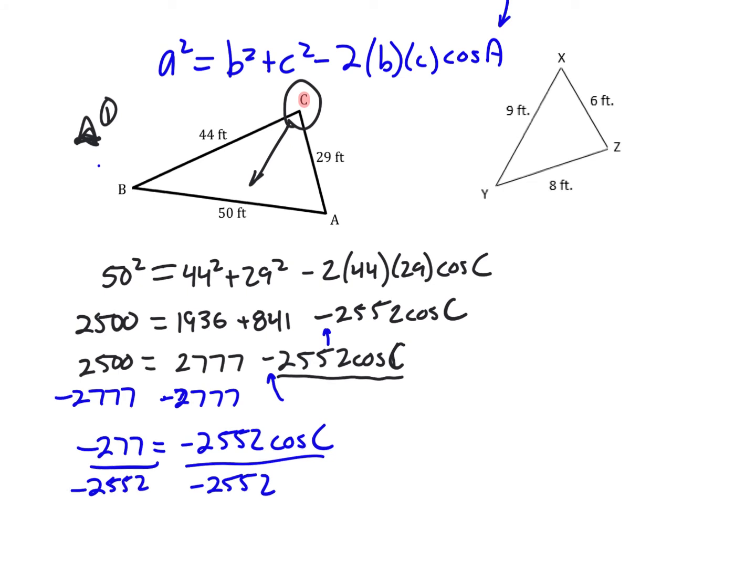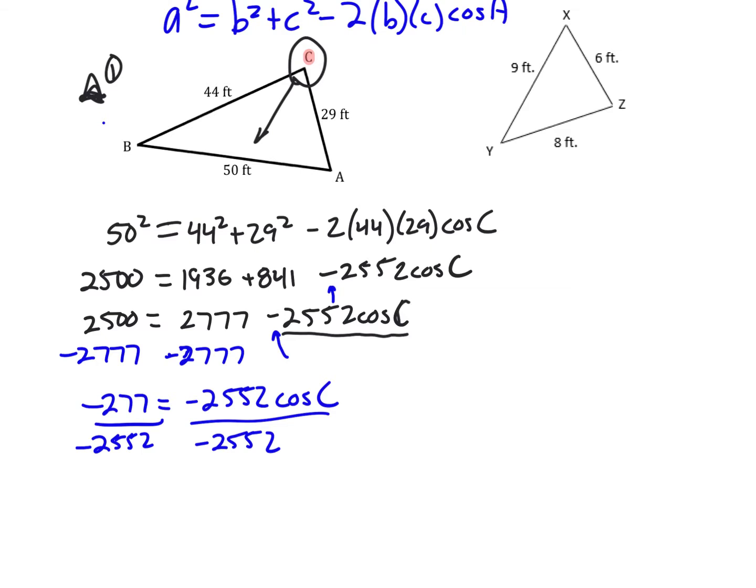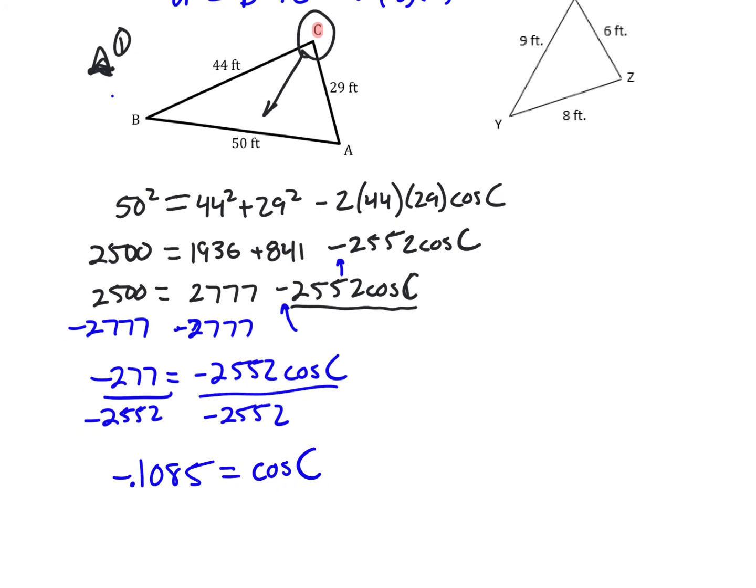So if I take negative 277 divided by negative 2,552, that's going to give me negative 0.1085. And then the final step to solve is to take cosine inverse of both sides, because that will cancel that out.